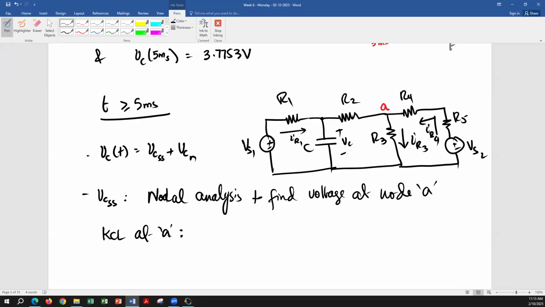So don't worry about that. You have R1 and R2 connected in series. No, KCL. Give me the KCL equation. KCL equation does not have V.